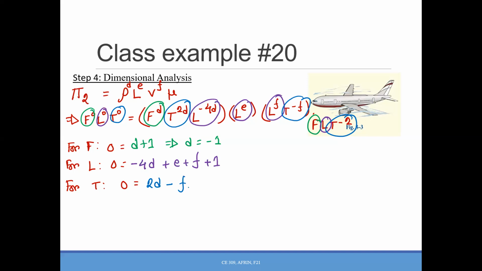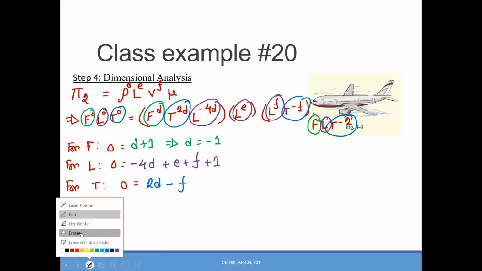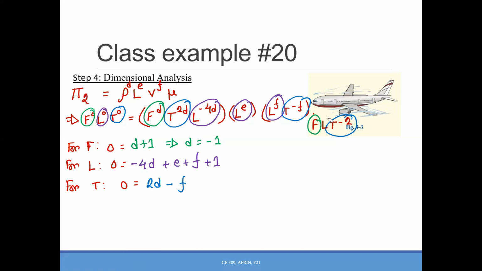Here the very first one was, okay, I think I wrote just the opposite thing here. Sorry guys, these two are just opposite. It will be F T L to the power -2.